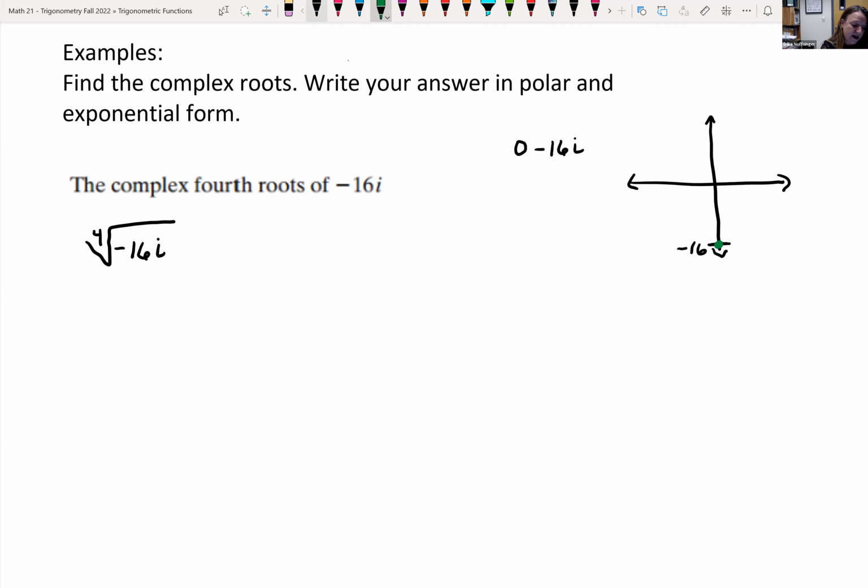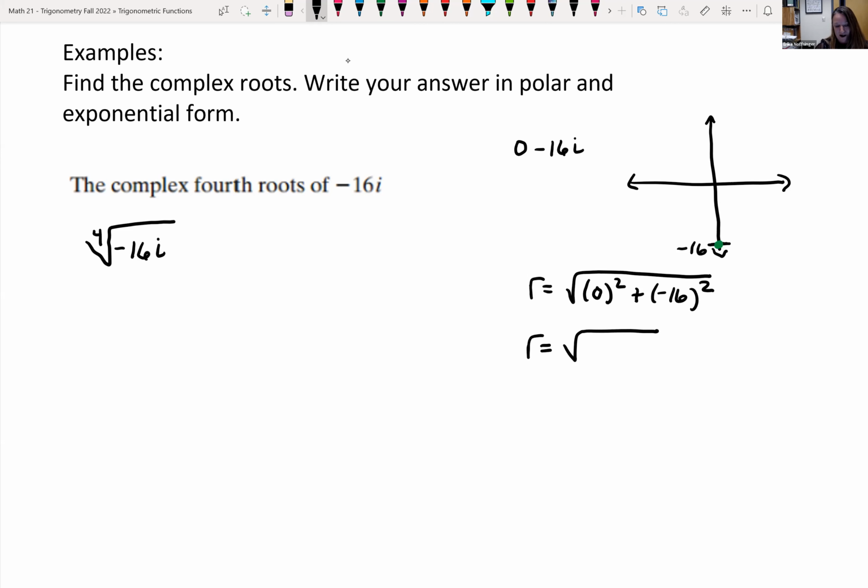And so if I think about this, let's figure out what r is. Recall r is equal to the square root of my real part squared, so 0 squared, plus my imaginary part squared, so -16 quantity squared. So r is equal to the square root.